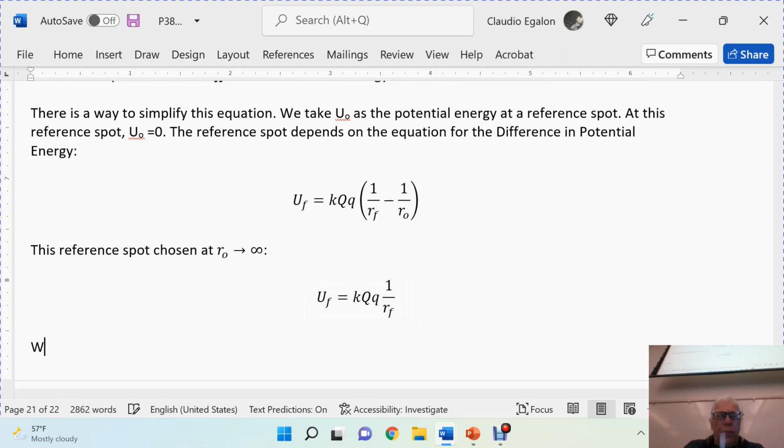We then simplify our notation by dropping the f subscript.